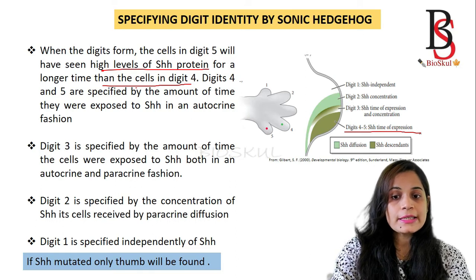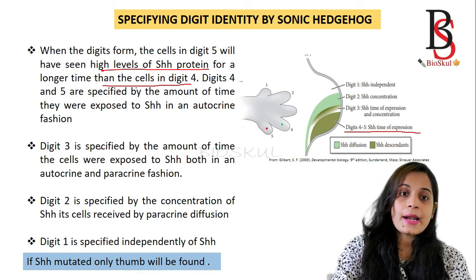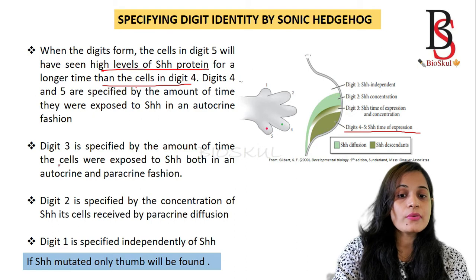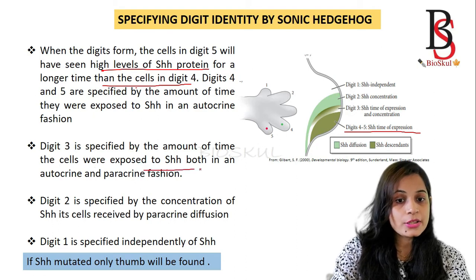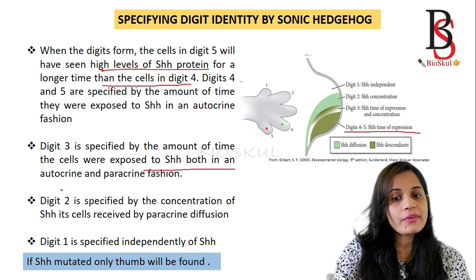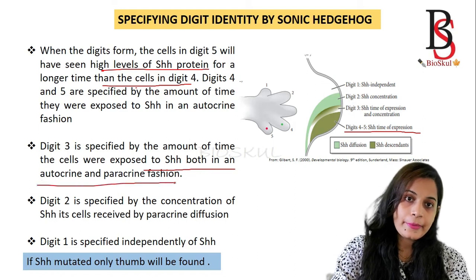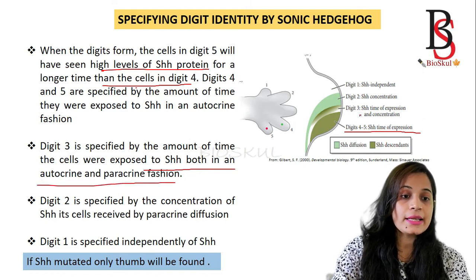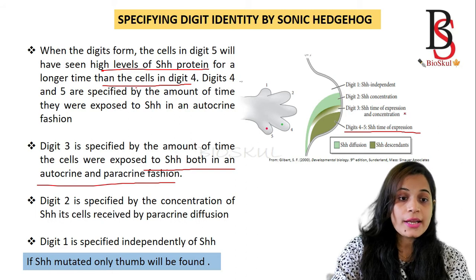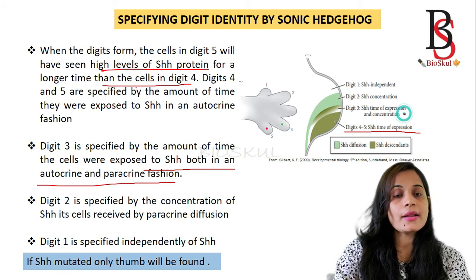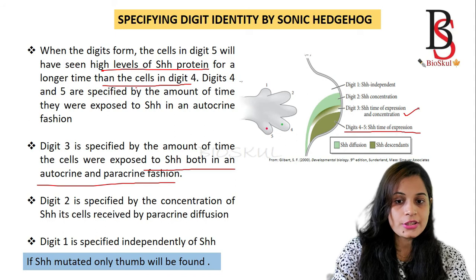Now comes digit 3. Digit 3 is specified by the amount of time cells were exposed to sonic hedgehog protein, both in an autocrine and paracrine fashion. So digit 3 depends on the sonic hedgehog time of expression as well as the concentration.